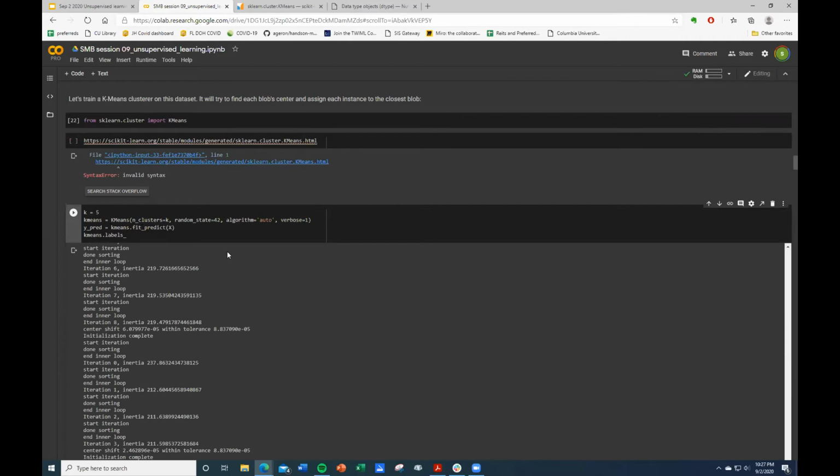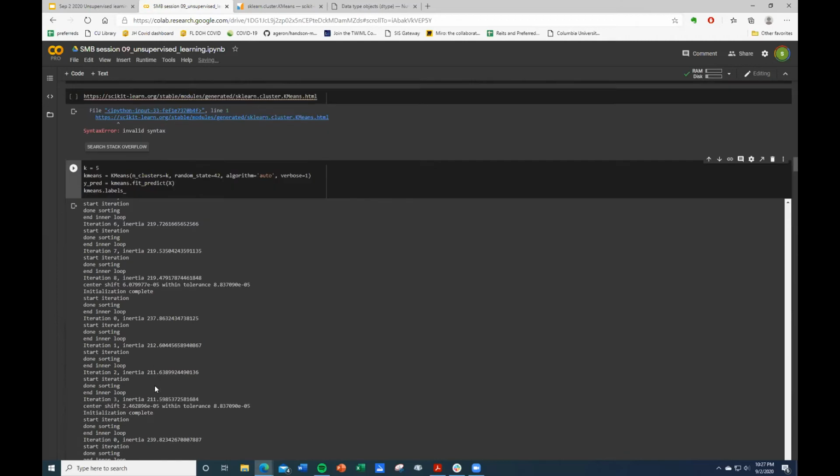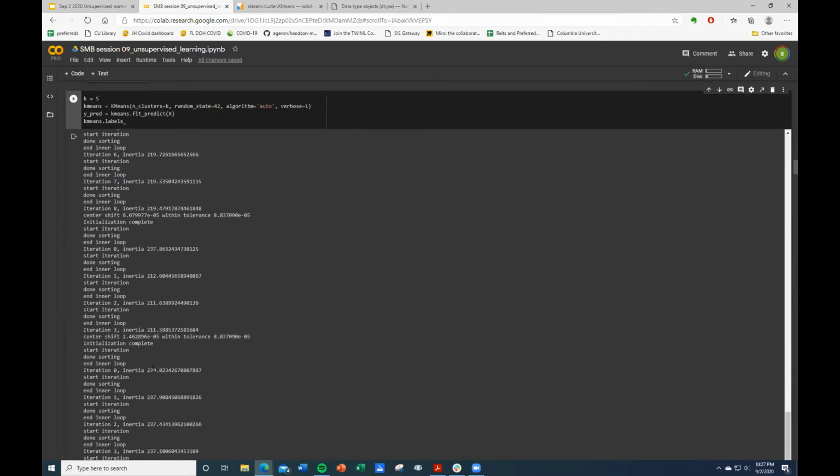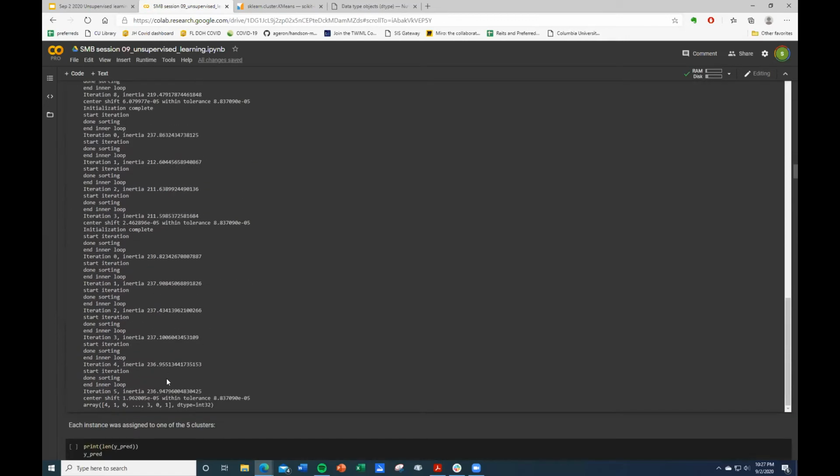So we run it, and apparently it has some inner loops, and it's giving us a number called inertia, and you'll see this number of inertia is bouncing around a bit, but starting to try to center maybe on something about 236 here.